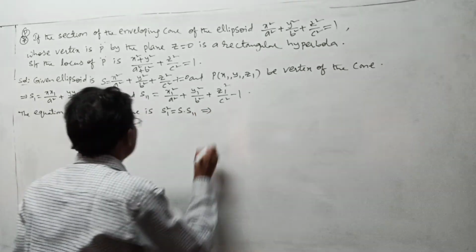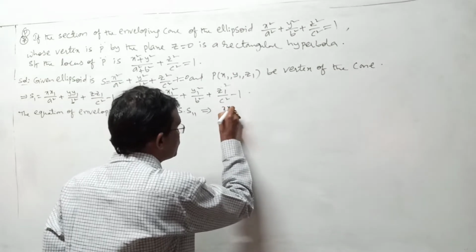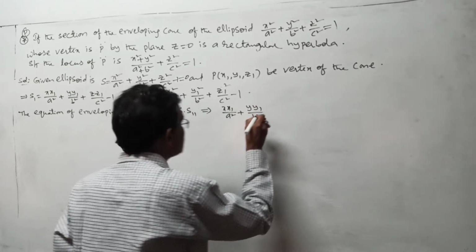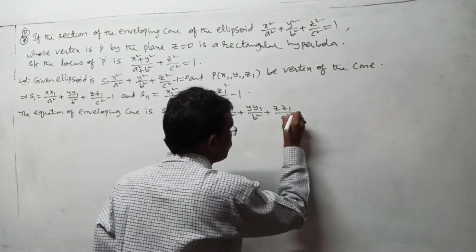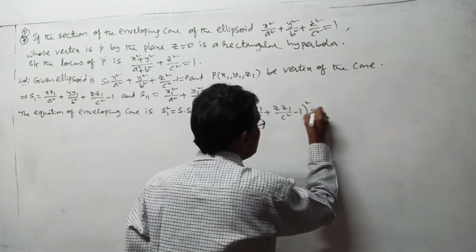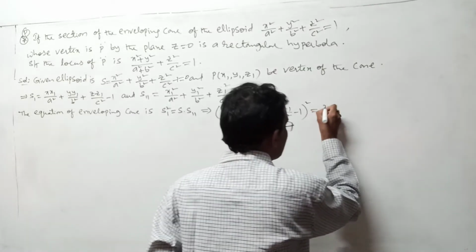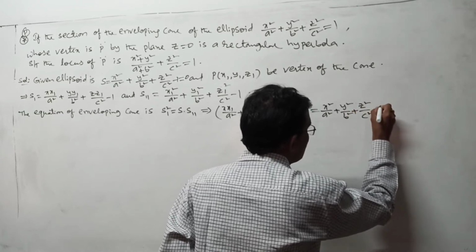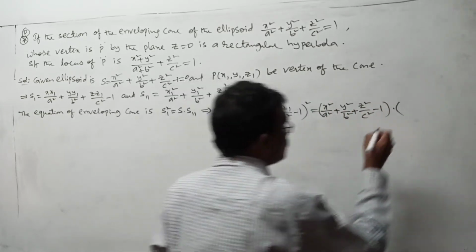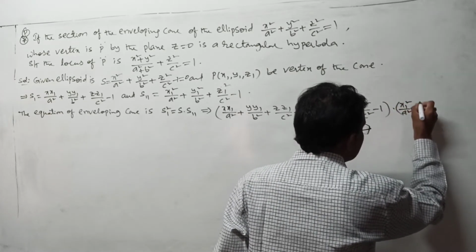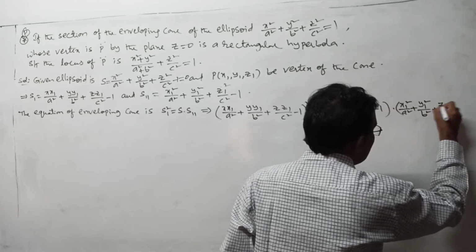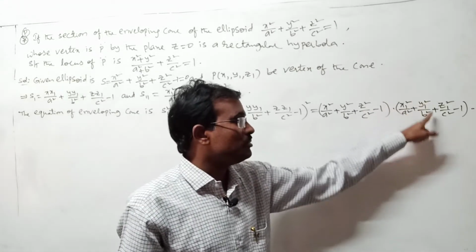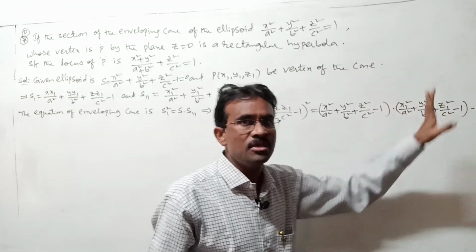This implies S1 is x1 x by a square plus y1 y by b square plus z1 z by c square minus 1, whole square, is equal to S, which is x square by a square plus y square by b square plus z square by c square minus 1, into S11, which is x1 square by a square plus y1 square by b square plus z1 square by c square minus 1. Any problem?